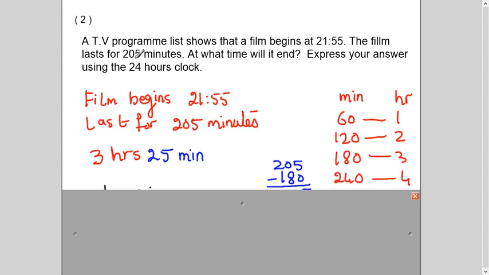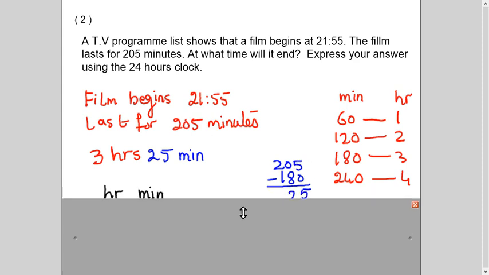Now 240 is more than 205. So I will subtract 180 minutes from 205. It will give me 25 minutes left behind. It means 205 minutes is 3 hours and 25 minutes, right?